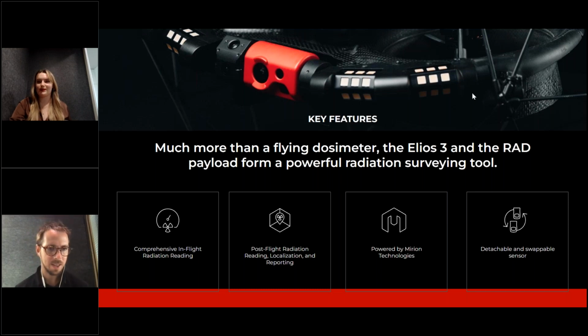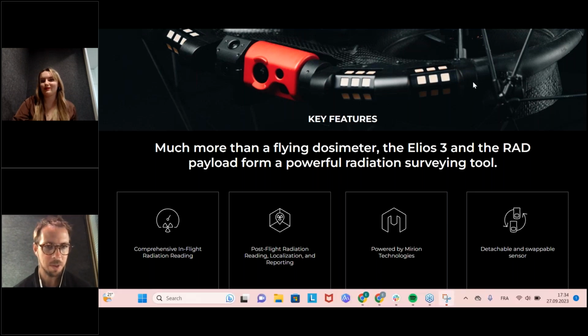Yep, hello everyone. To build on top of the amazing Elios 3 that Eloise just presented, we think of this drone as a platform onto which we can add software and payloads for tailored applications. The first payload we have released is a RAD sensor.